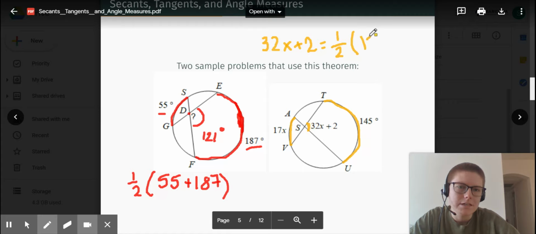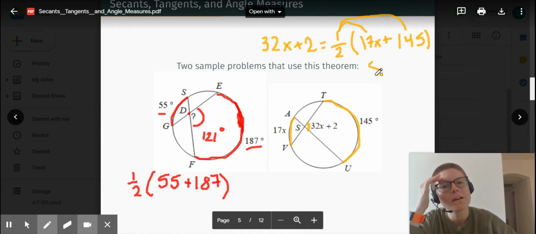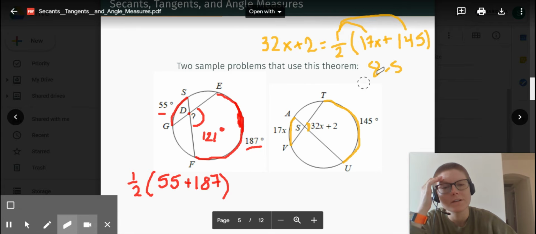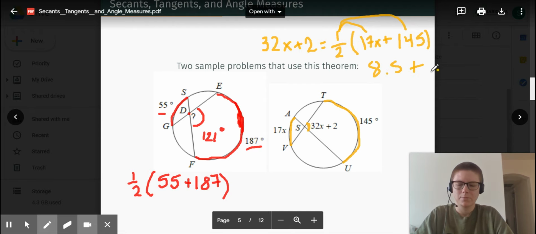So 1/2 of 17x plus 145. Gotta put the x, my bad. I would start by distributing that 1/2. Half of 17 is 8.5, so 8.5x plus 145 divided by 2, which is 72.5.